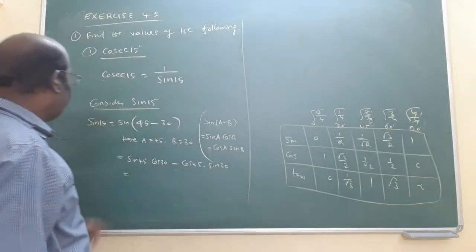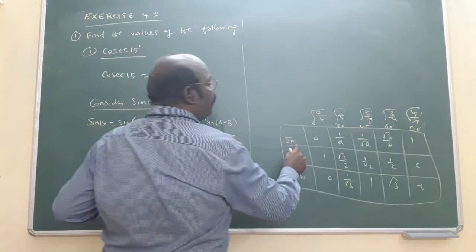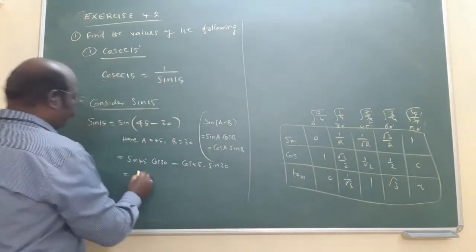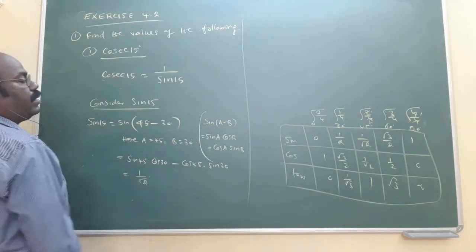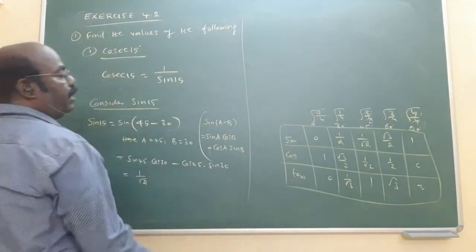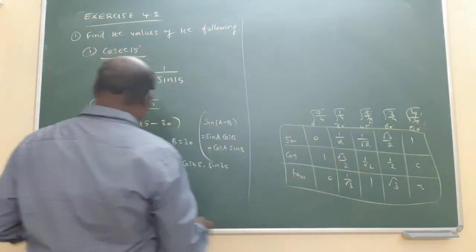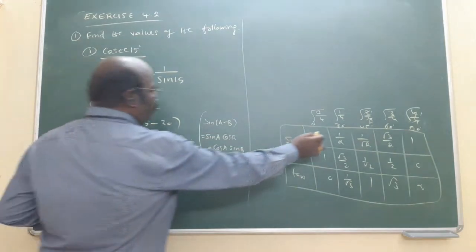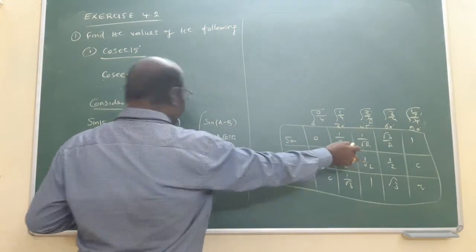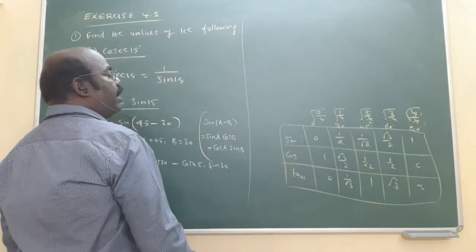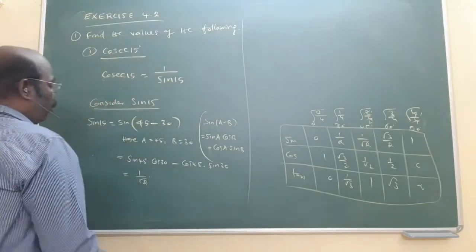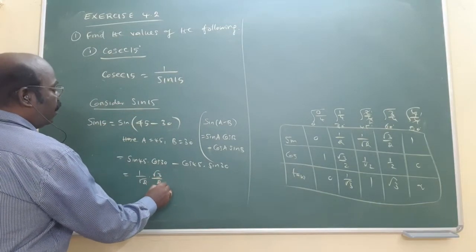Now using this table, what is sin 45? Sin 45 is 1 by root 2. Cos 30 is root 3 by 2. Cos 45 is 1 by root 2, and sin 30 is 1 by 2.